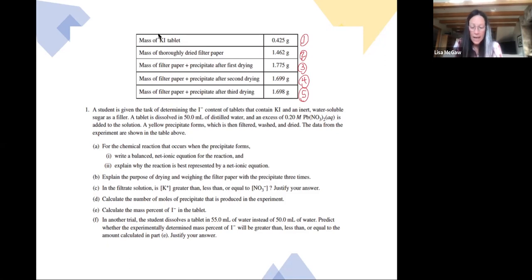I already can tell that I have a mass of some tablet, some filter paper, and then filter paper drying first, second, third. Oh, this is just one of those gravimetric analysis kind of labs, right? So one that you probably have not really had the opportunity to do this year. So that's why I kind of wanted to look at this.